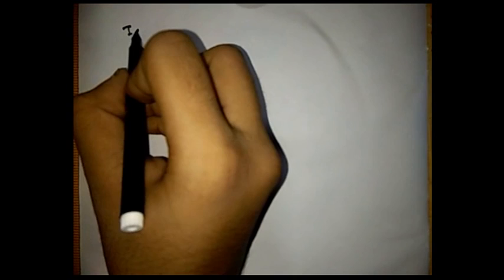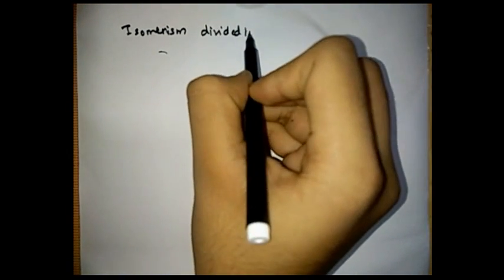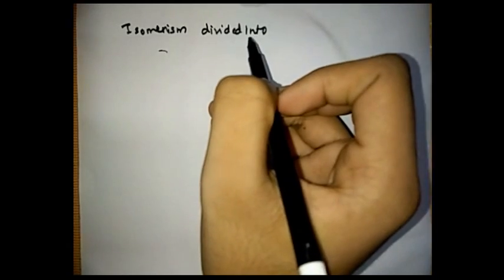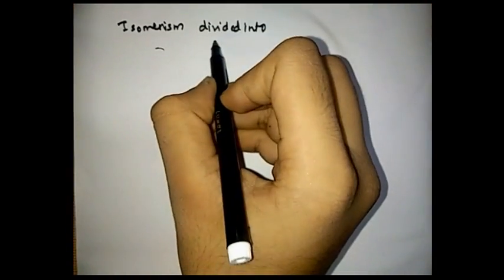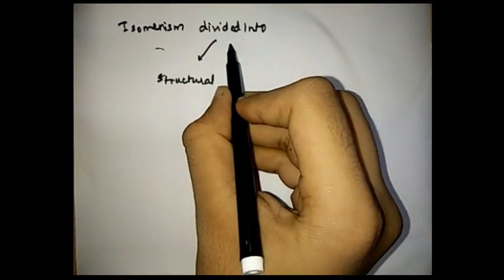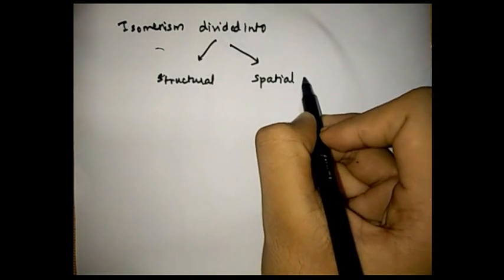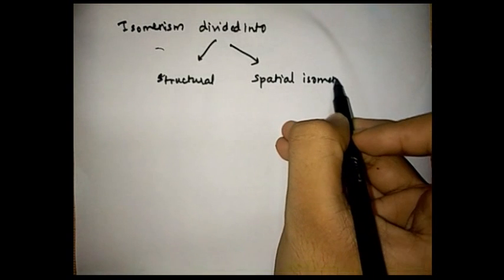Isomerism can be grossly divided into structural isomerism and spatial isomerism.